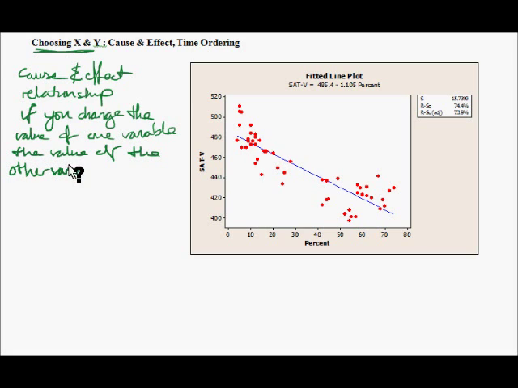Not that it usually changes, it has to change. That's what I mean by cause and effect. It has to change.